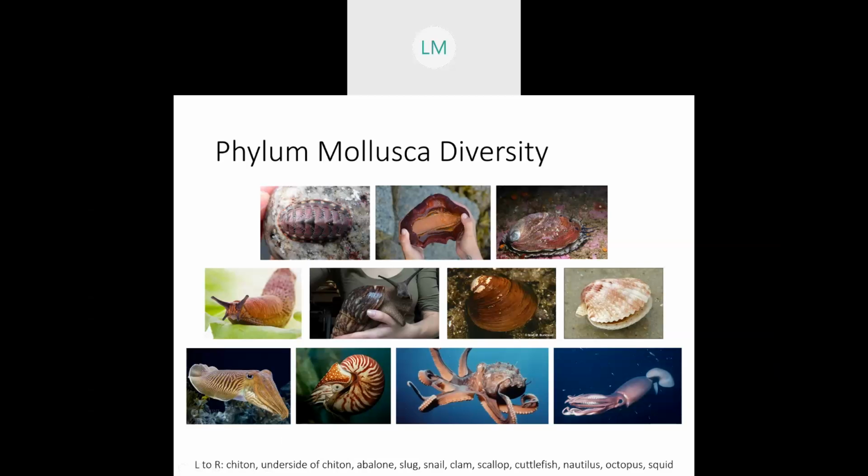So this is a cuttlefish over here, a nautilus, and then an octopus and a squid. So all of these are our cephalopods. In your lab, when you do the animal lab, there's some really, really cool videos about cephalopods. So make sure that you're watching all those videos in the lab next week.